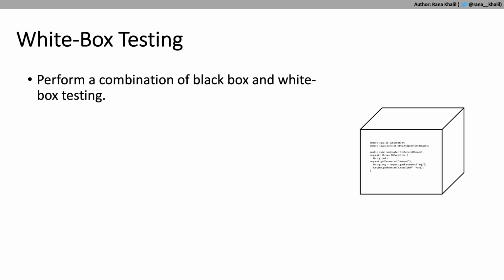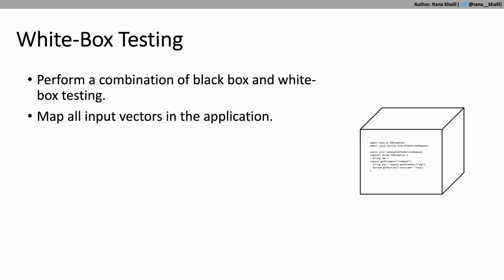I don't do pure source code review on applications. When I'm given the source code of the application, I usually perform a combination of both a black box and a white box pen test. The first thing I do is map all the input vectors in the application from a black box perspective, and then I review the source code to see if I've missed any input vectors through my black box pen testing.